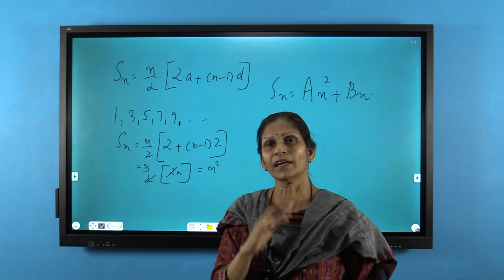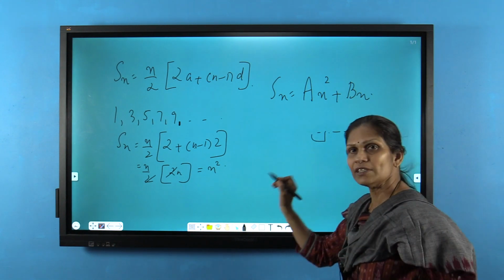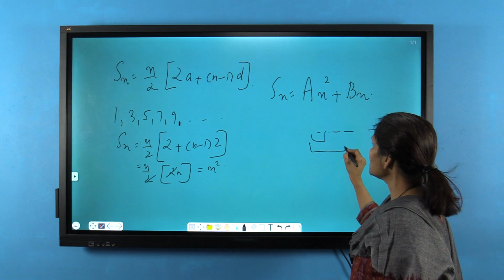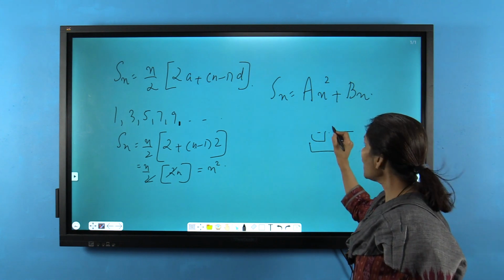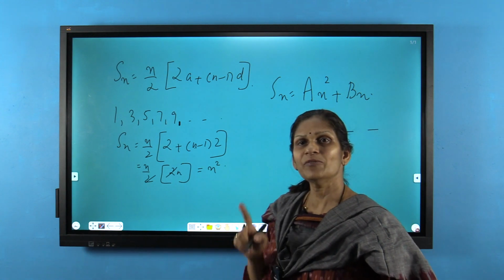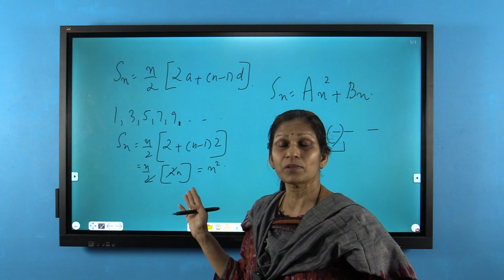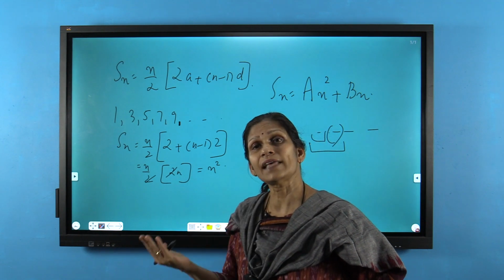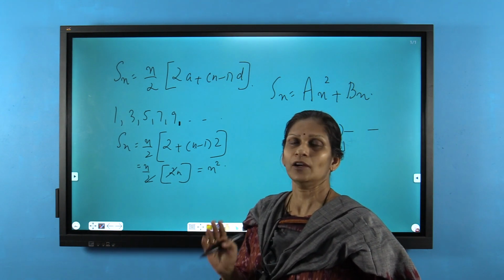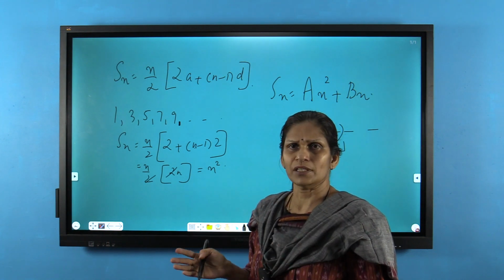If I subtract these two, don't I have the second term? The sum to 1 term is the first term, and the sum to 2 terms is the sum of the first two. So I have the first term, and I get the second term by subtracting. If I subtract the second and the first terms, I would get the common difference. That is one direct way of doing this problem.